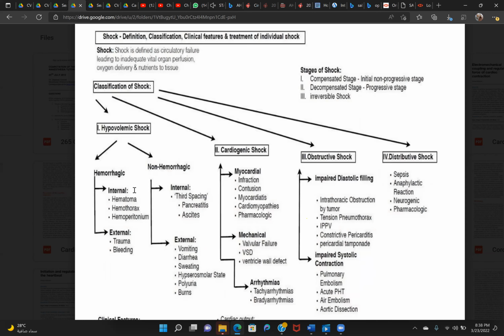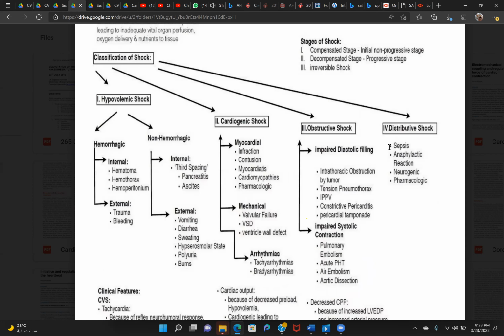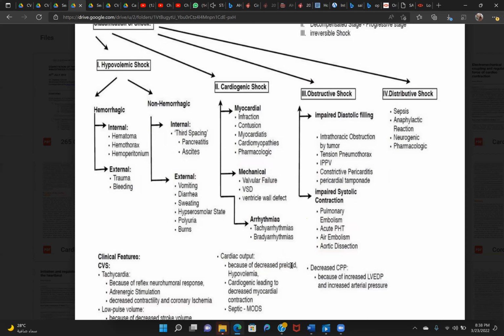We will go into detail on cardiogenic and obstructive shock, in which the heart is not able to pump, due to tension pneumothorax, cardiac tamponade, or systolic failure in embolism or acute aortic stenosis.